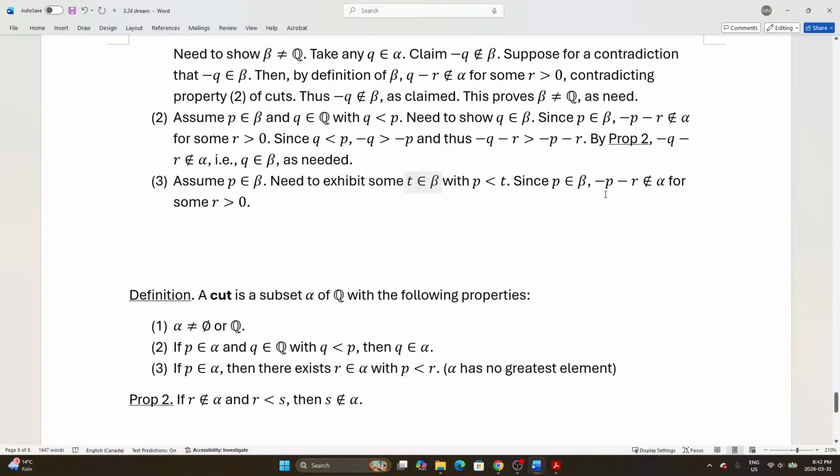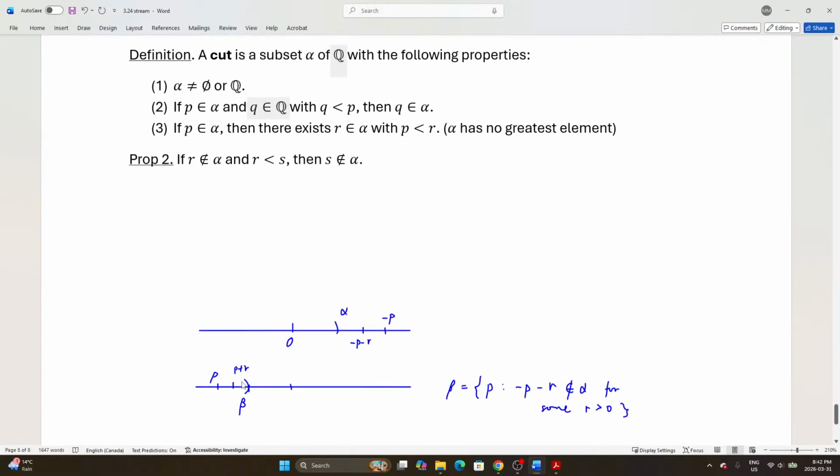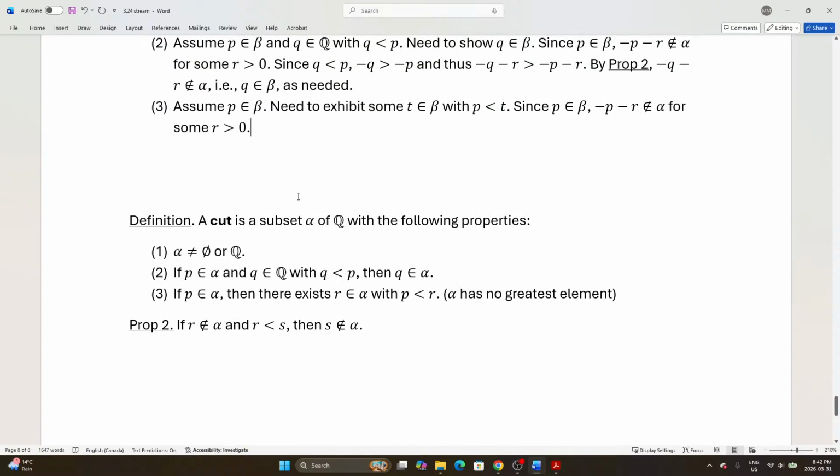Take t to be p plus r. Thus p is less than t. So that's obvious. We want to show that t is in beta. Is t in beta?